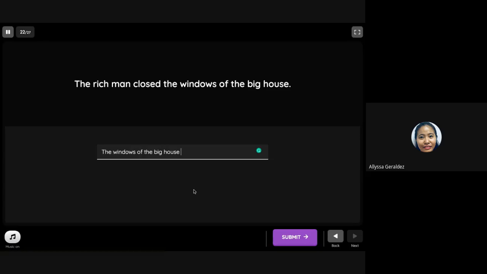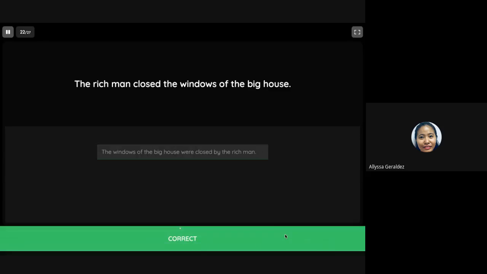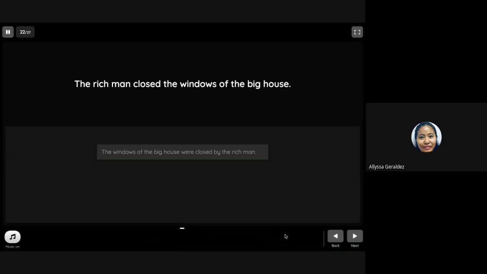Closed, that is past tense. So be careful with the auxiliary be form of the verb. Use were because windows is plural. And then the by phrase. Yay! We got it right.